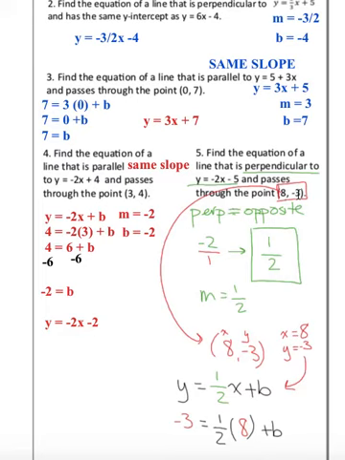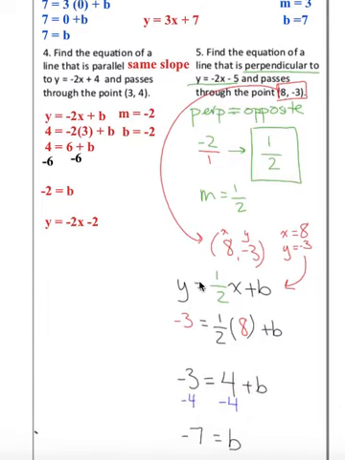So what we're going to do is take all of the information we know, so our point and our slope, and plug it into y equals mx plus b, because we don't know what our b is. So we're going to take our y equals 1/2, so we just found the opposite slope and plugged it in, x plus b.